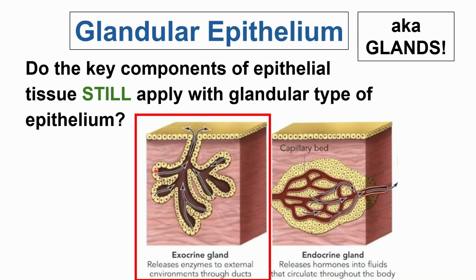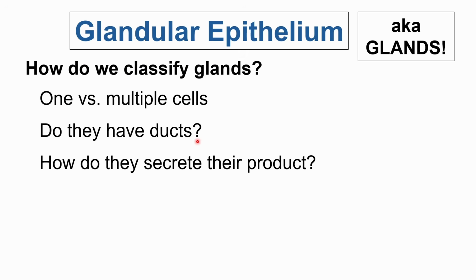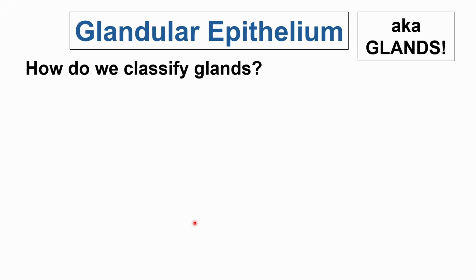While the secretory units are the ones which have specialized cells that are actually doing the production of the secretion. Okay? So, two parts. Secretory units and duct system. So how do we classify the glands? We classify them using several questions, okay? So let's try to answer them or expound on them one by one, okay?